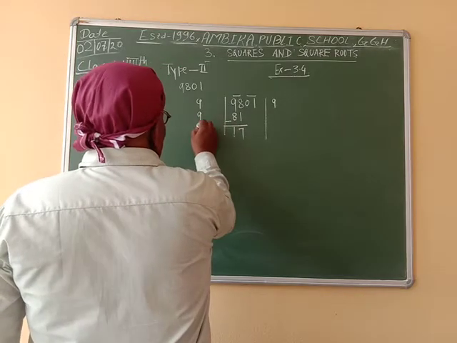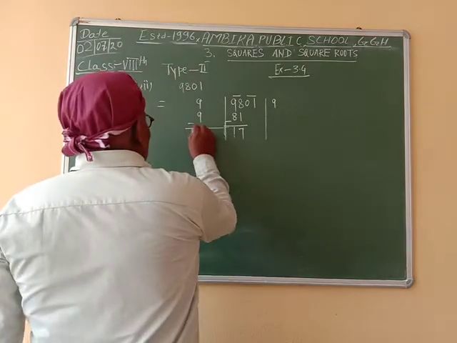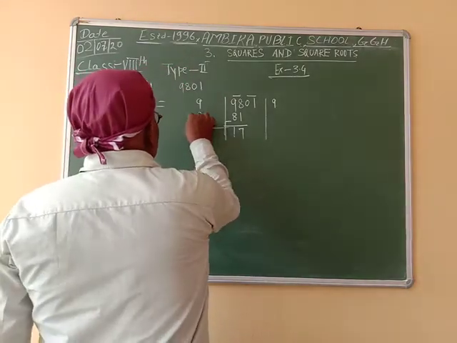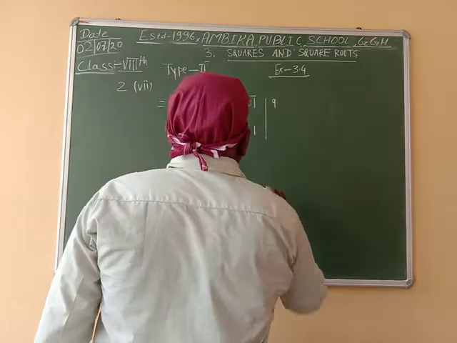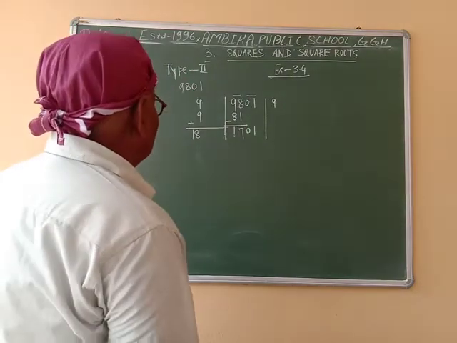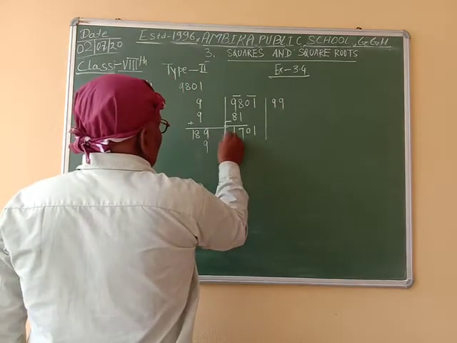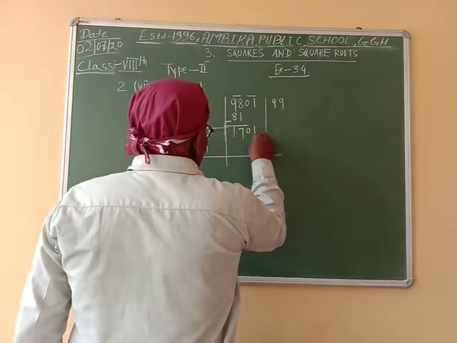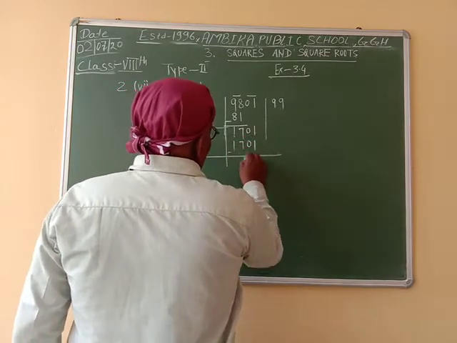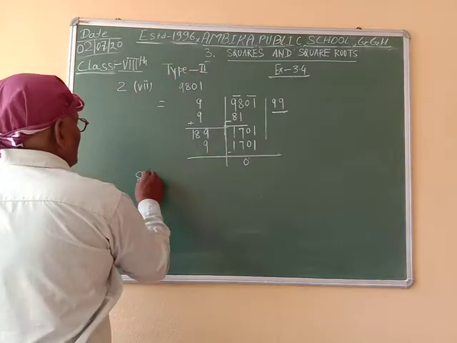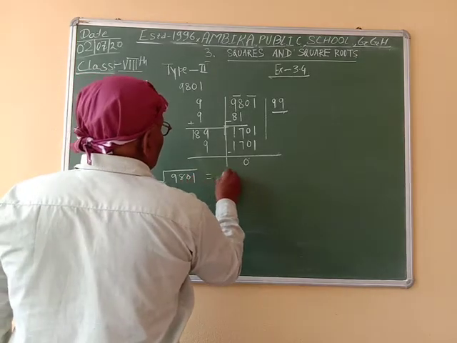here we write 9 below the divisor and add, getting 18. Now 0 1, again we divide by 9. So the square root of 9801 is equal to 99.